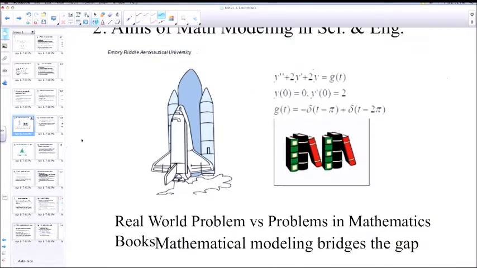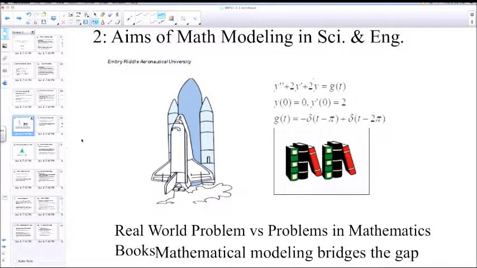The questions just bring you to this big gap between real-world applications. You get the problem in English or any natural language. On the other end, you need to translate those critical components into the mathematical language.